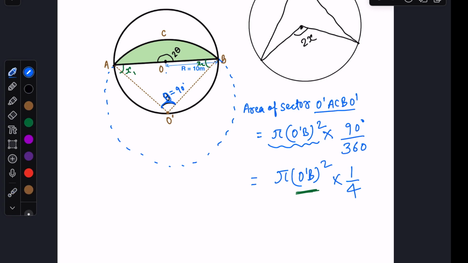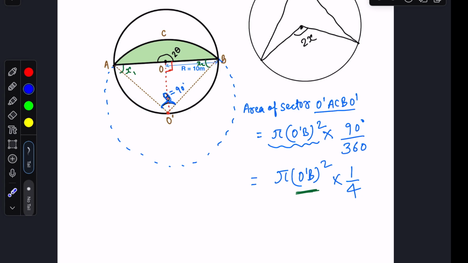So what I want to say is, if we draw a line from O to O dash, it will be perpendicular. Because if this O dash is somewhere else, here or here or here, then this angle may be 90 degrees, but this side will never be equal to this side.